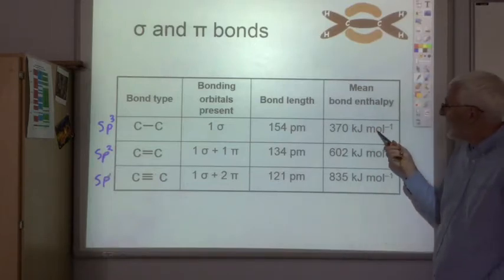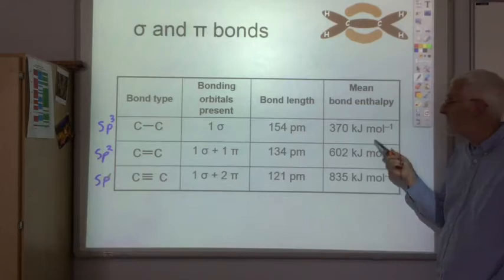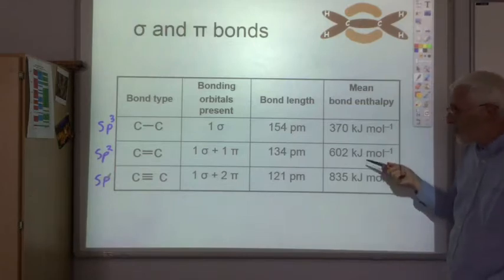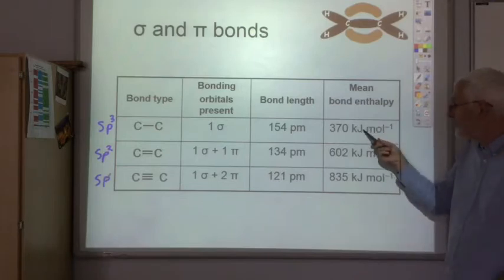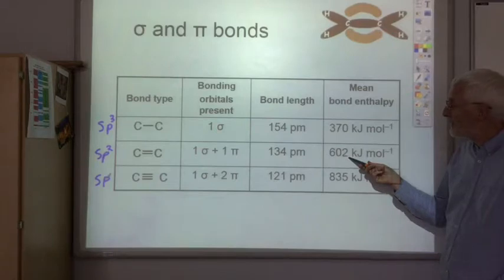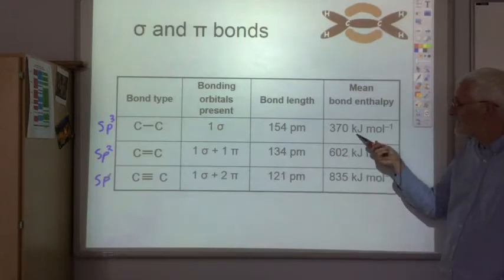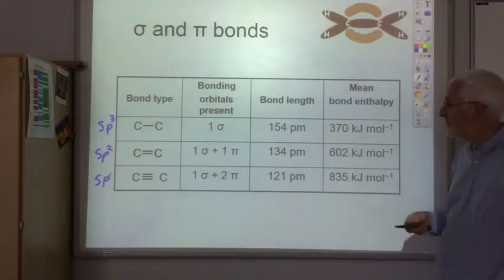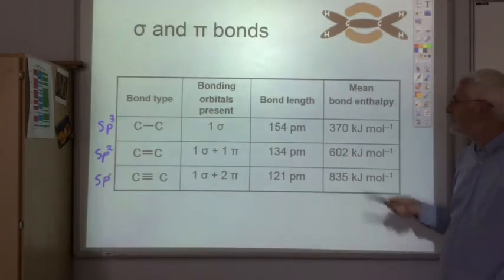But if you look at the energy required to break the bonds, obviously the more bonds there are between the carbon atoms, the more energy is required. But you'll notice that the carbon-carbon double bond is not twice the carbon-carbon single bond, it's less than twice.